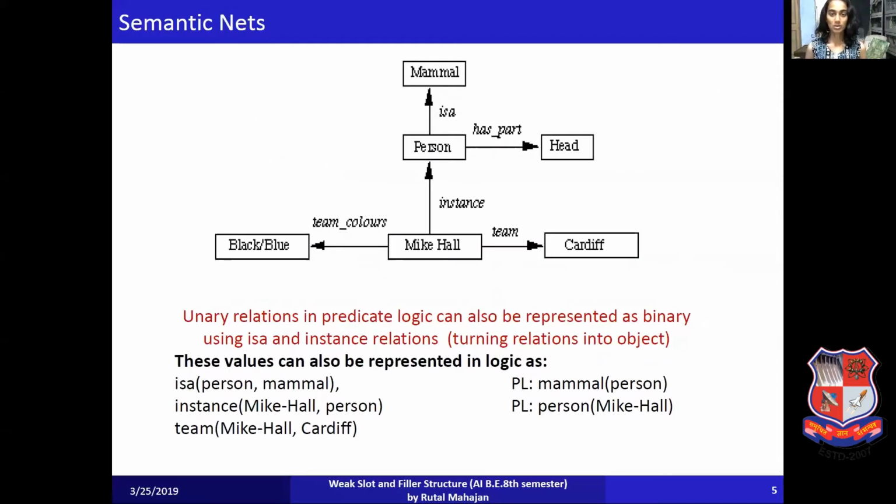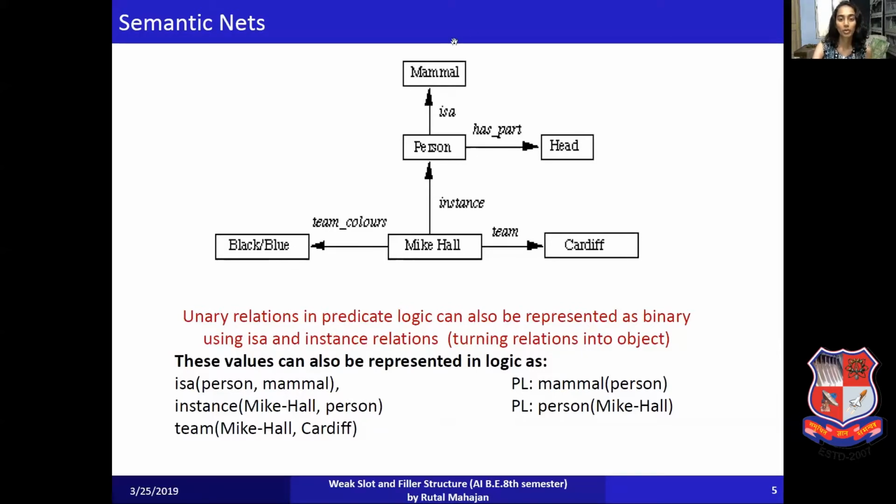Mycal is an instance of a person. Person is a mammal. Person has part, head. Mycal belongs to the team Cardiff. Mycal's team colors are black or blue.